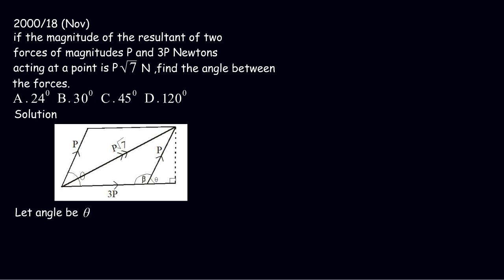Now let the angle be equal to theta, so therefore theta plus beta will be equal to 180 degrees. That's interior opposite angle of a triangle.